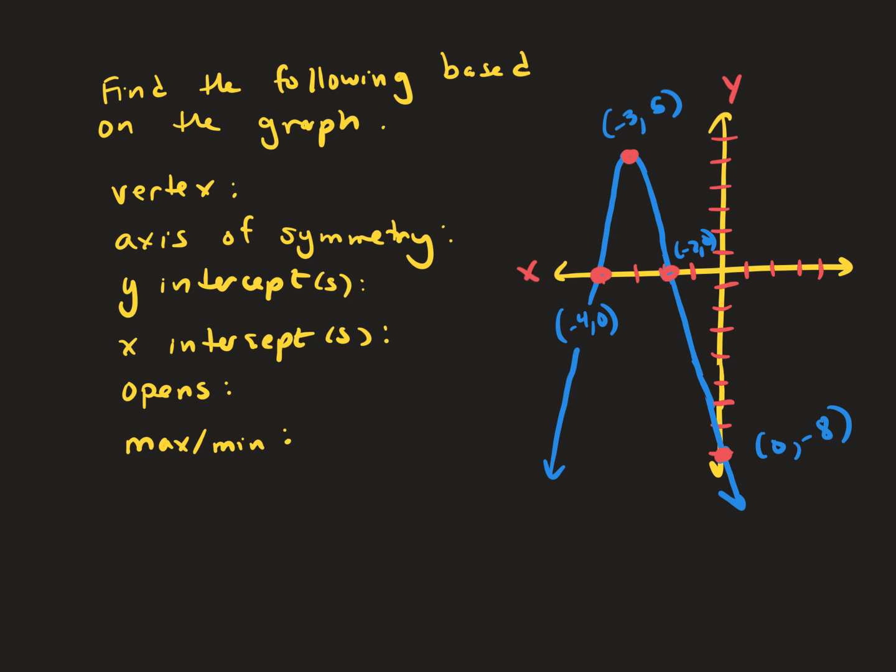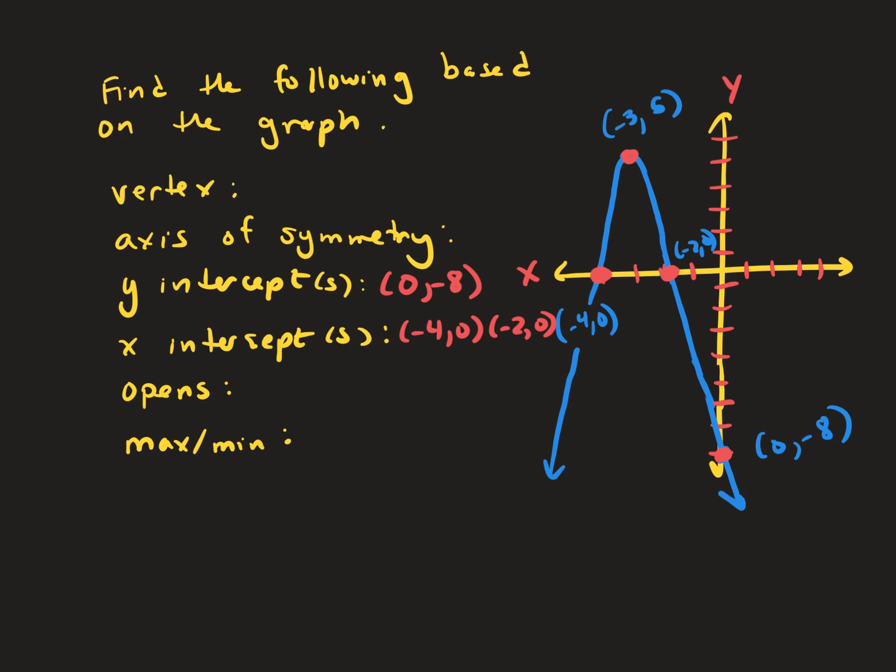This is y, this is x. So the point where it intersects the y-axis is simply (0, -8). Now, the x-intercept, there are actually two, because you can see it intersects the x-axis in two spots. So the x-intercepts are (-4, 0) and (-2, 0).